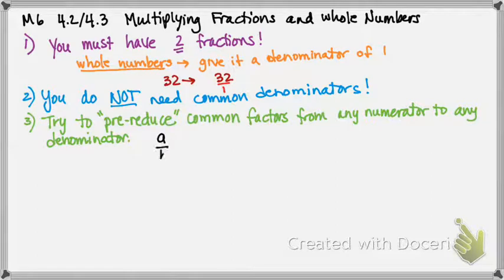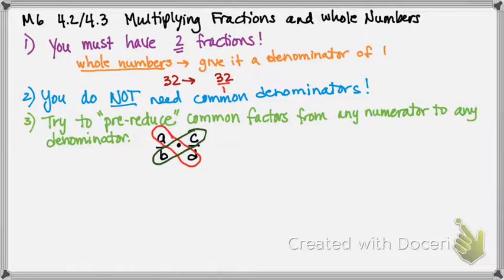So A over B, and I'm going to use the dot for multiplication, C over D. So I'm going to color this 4 different ways. So I can look to see if there's anything that A and D have in common. So that's one place to look. I can look and see if there's anything that B and C have in common. That's another place to look.